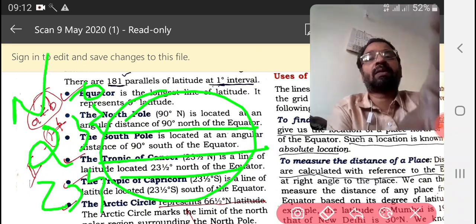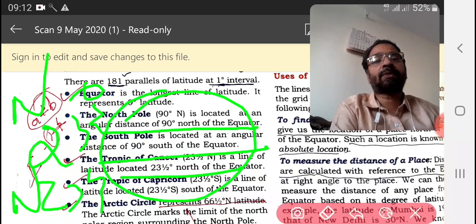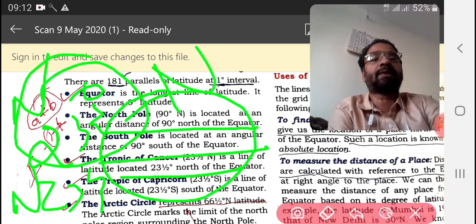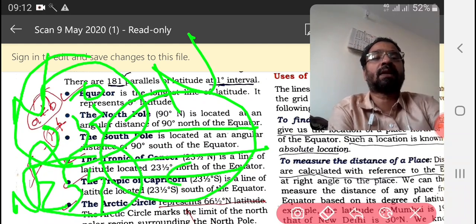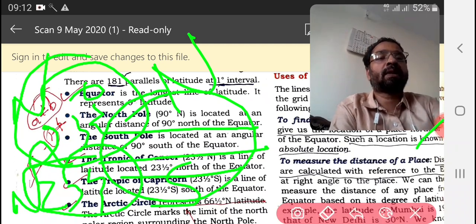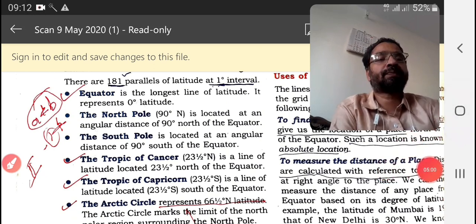This one is north as well as this one is south. So the Tropic of Cancer is this one, on the northern side. Then the Tropic of Capricorn is this one, on the southern side. I think you people understood it.